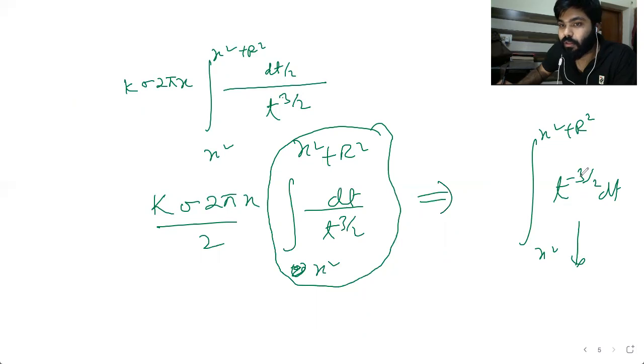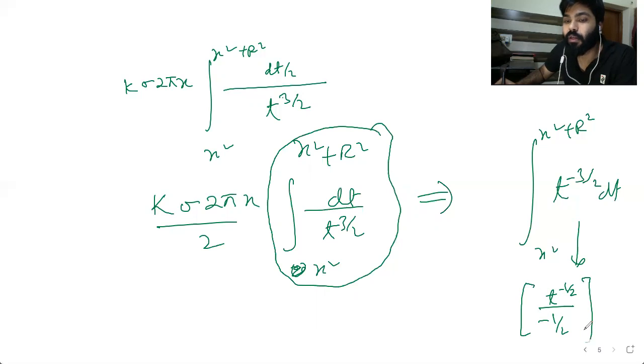When you increase minus 3 by 2 plus 1, you will get minus 1 by 2, and that minus 1 by 2 will also divide into the denominator. And you get t raised to the power minus 1 by 2. This is our result after integration. The upper limit is X square plus R square and the lower limit is X square.